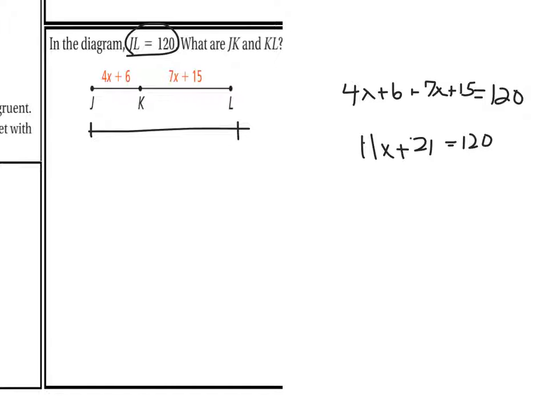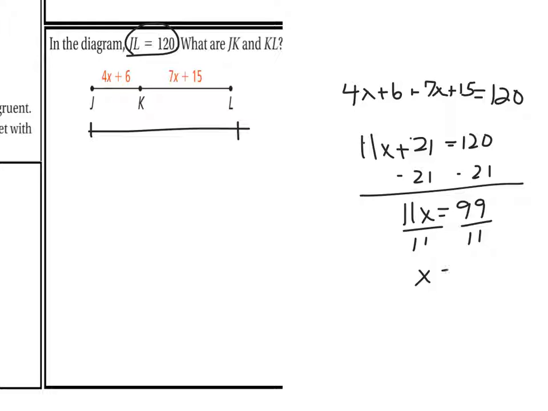Okay, and now I'm going to subtract 21 from each side. I want to get x by itself. So 11x equals 99, and then I'm going to divide by 11, and x is going to equal 9. So x equals 9.